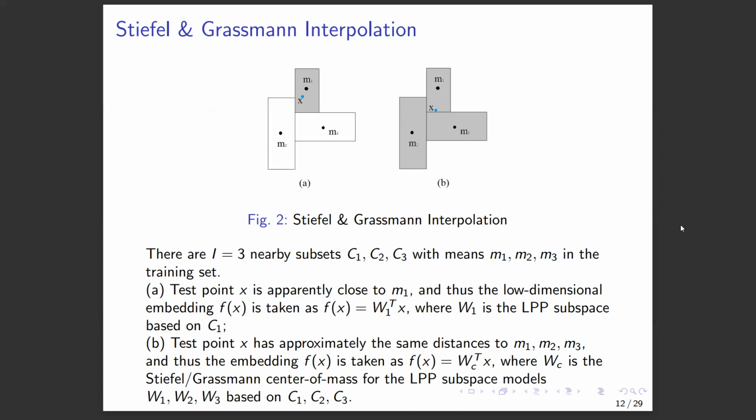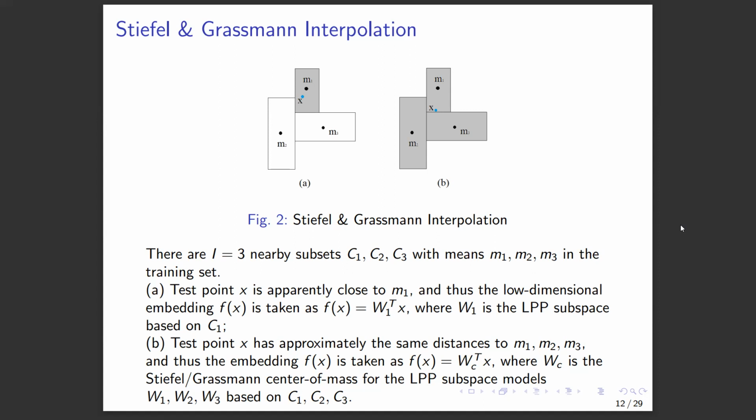So let's explore how and when to use the Stiefel and Grassmann center of mass for carrying out the interpolation. As you can see in this figure, suppose we have three different subsets, C1, C2, C3, with means M1, M2, M3 in the training set.